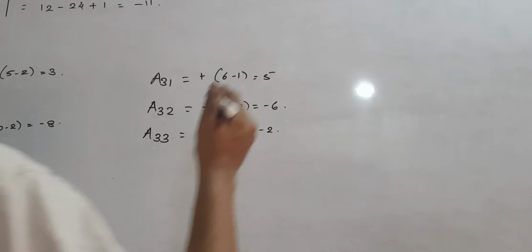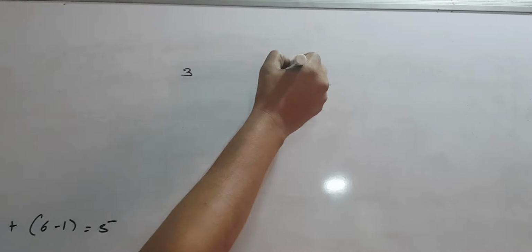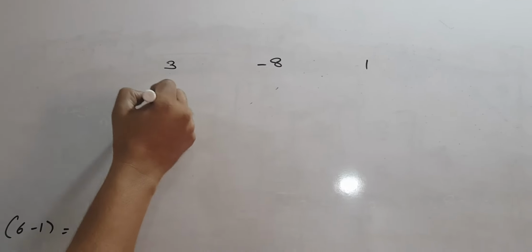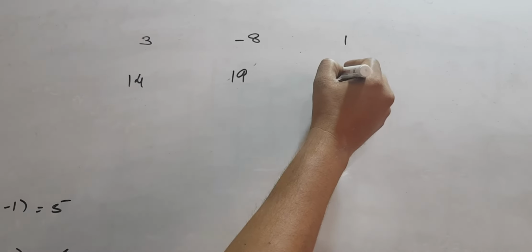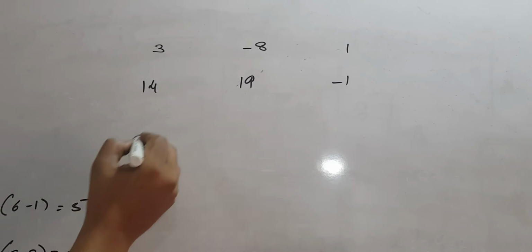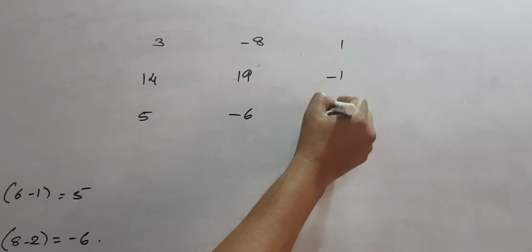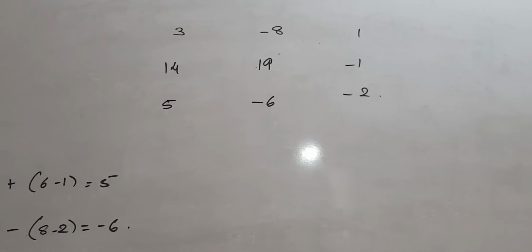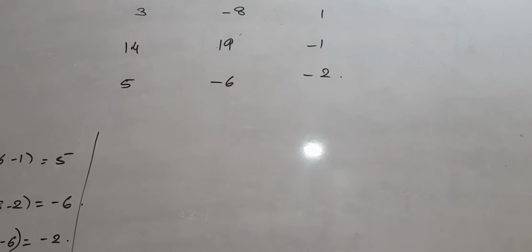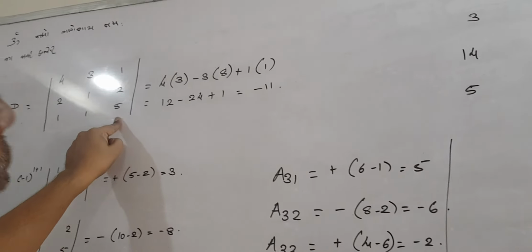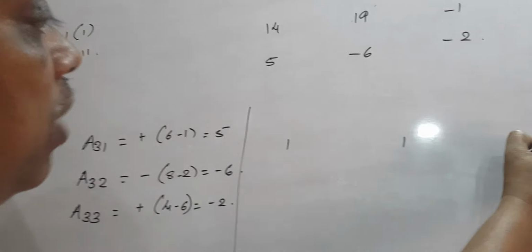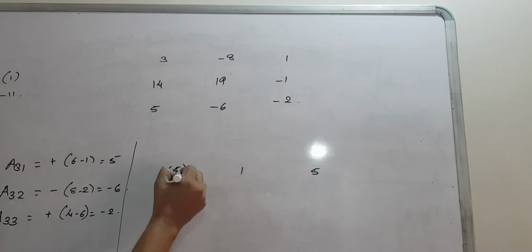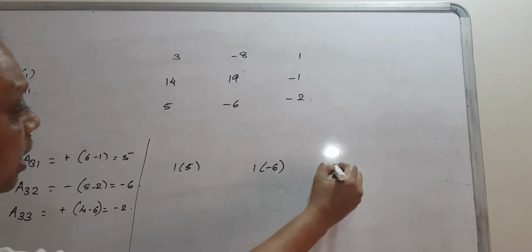I write it in the determinant form. So it will be what? 3, minus 8, 1. 14, 19, okay, minus 1, and the last one 5, minus 6, minus 2. Now one important thing we have to see: if we multiply the elements of any row, this 1 and 5, third row elements, with their own cofactors only, मैं उसी को उनके ही cofactor से multiply कर रहा हूँ.